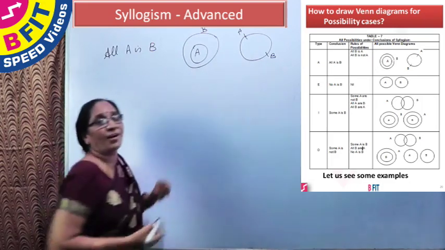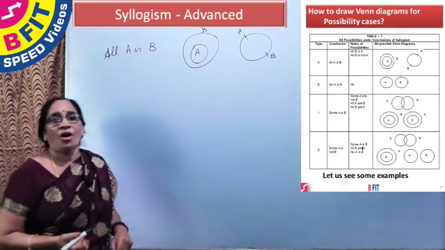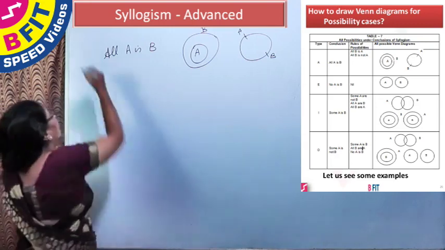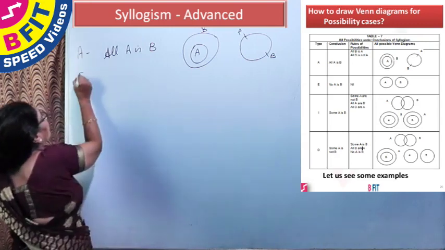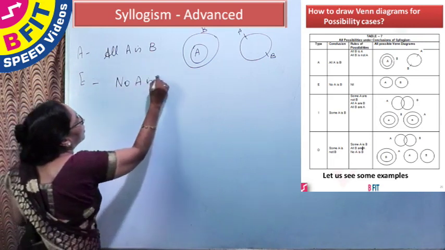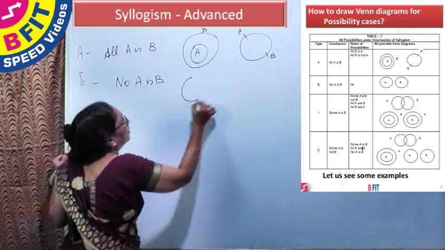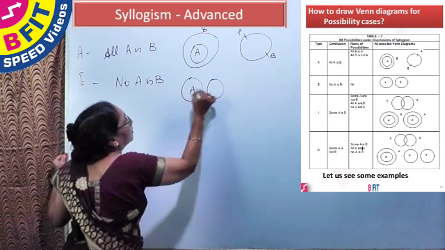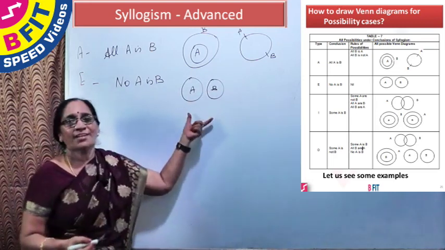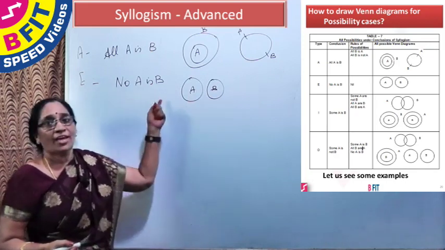These are the two possible diagrams for all A is B. Now let us consider no A is B, the E statement. There is only one possible diagram for no A is B.